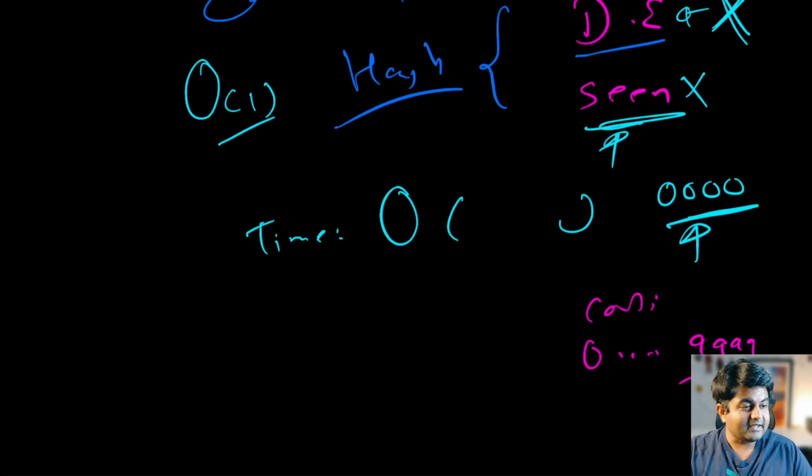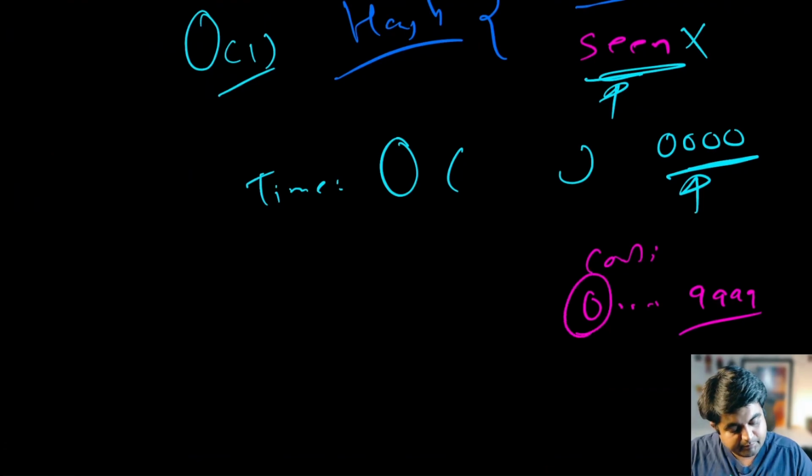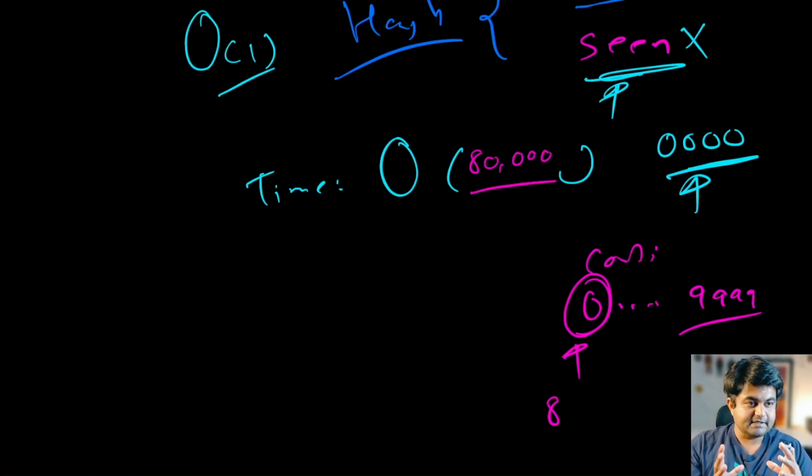So in total 10,000 combinations, and for each position we can have 8 possibilities, so it's 10,000 multiplied by 8. Since we only have 80,000 possibilities, that is the worst case time complexity we can have. Because this is a finite number, I'm considering this as constant time complexity.